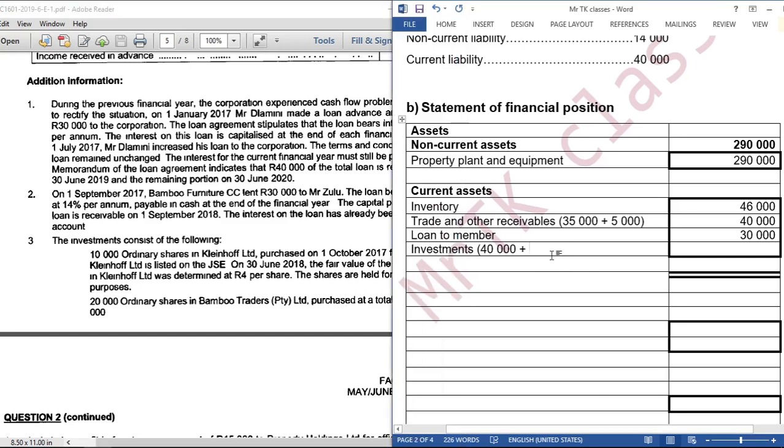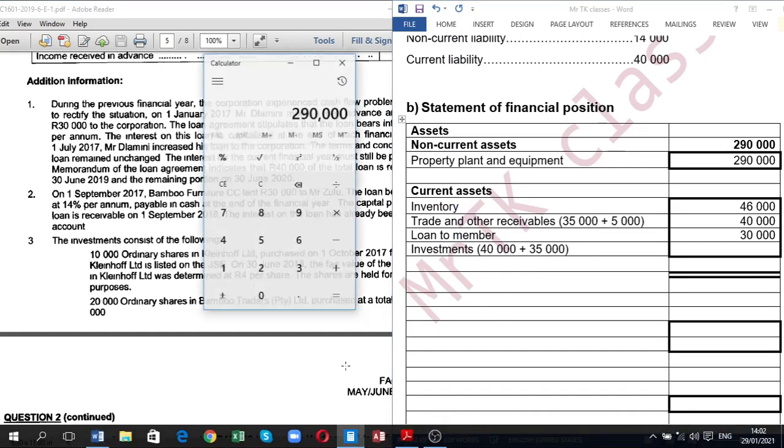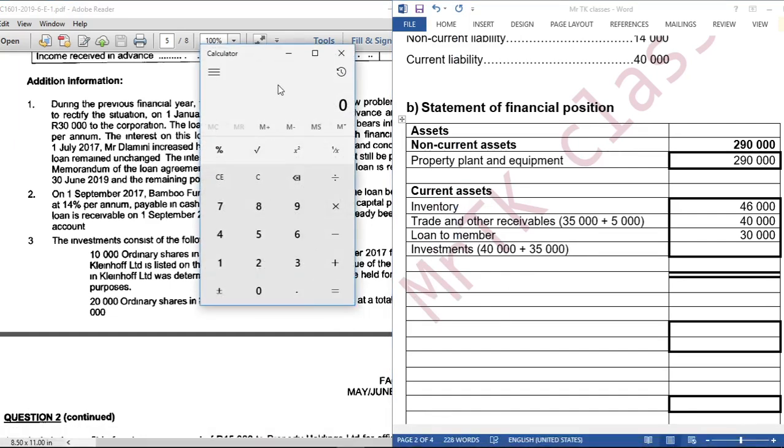This one didn't change. So 40,000 plus 35,000, let us just use our calculator to be sure. That's 75,000.